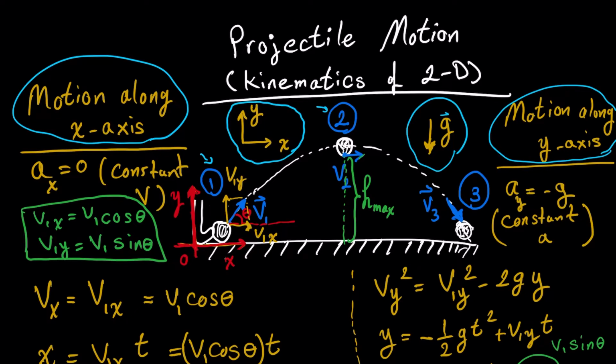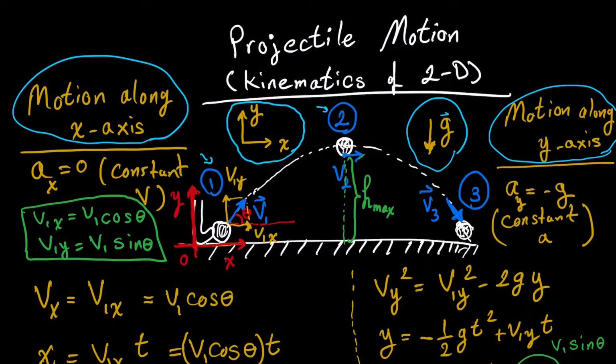There is no default. Here I'm using to the right to be positive and up to be positive. And we are saying that this is a constant acceleration motion, and as such, we can use the equations of constant acceleration we derived in the previous lesson.